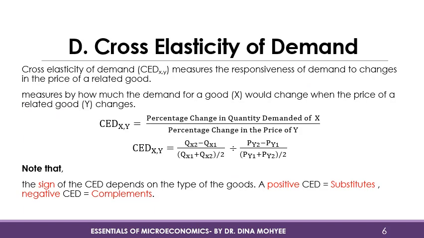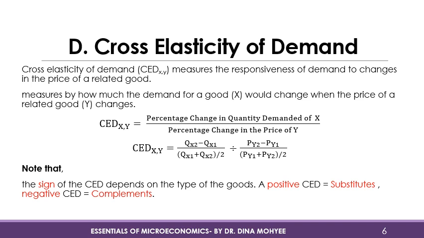Now, let's turn to the cross-elasticity of demand. Again, in Chapter 3, we discussed that the price of related goods in consumption is one of the determinants of demand for a certain good. We studied the direction of this relationship and we said that this direction depends on whether the two goods are substitutes, which are used instead of each other, or complements which are used with each other.